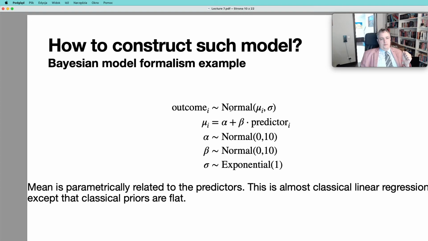In case of prior for sigma, of course sigma has to be positive, so we need to use some kind of asymmetric distribution. And typical choices are either Jeffreys prior, which is our ignorance. Exponential prior is very good because it's a bit heavier tailed than Gaussian, but it's still rather light tailed and gives us the information.